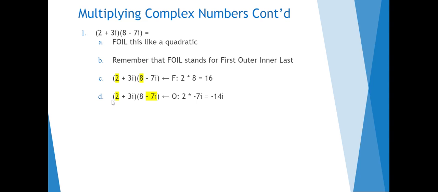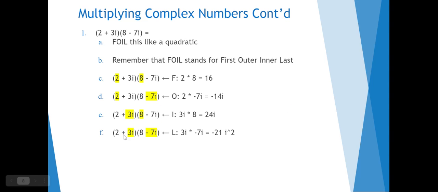Next, we take the outer numbers, so 2 and negative 7i. 2 times negative 7i is negative 14i. We take the inner terms, so 3i and 8. 3i times 8 is 24i. And finally, we take the last terms, 3i and negative 7i. 3i times negative 7i is negative 21i squared.